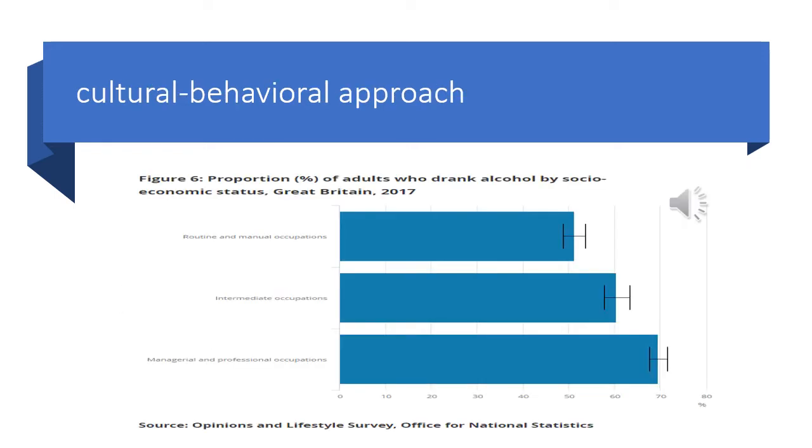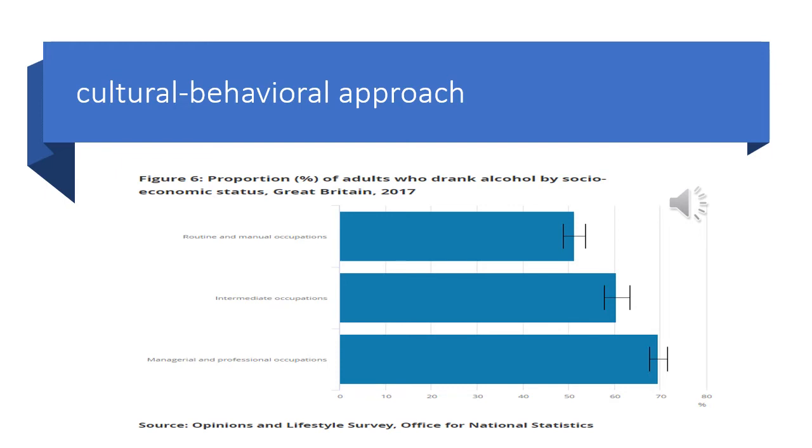The reverse is found in terms of alcohol consumption. Alcohol is highly consumed among those who work in managerial and professional occupations than in those in routine and manual occupations.